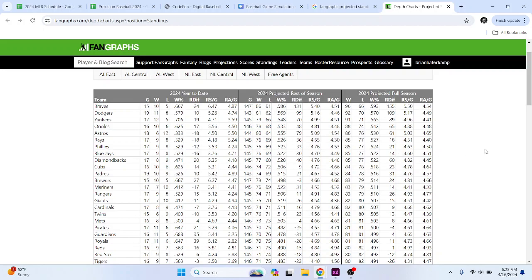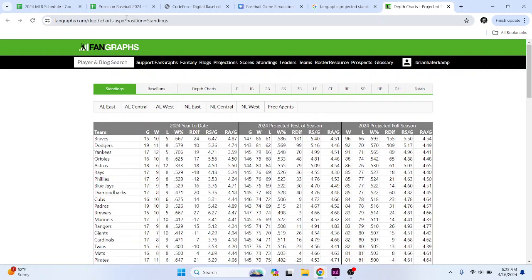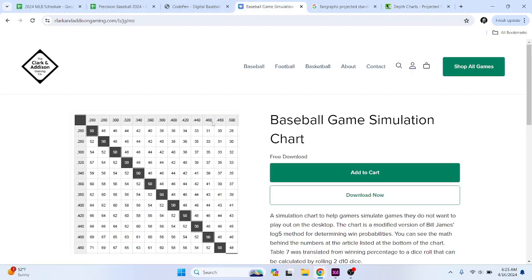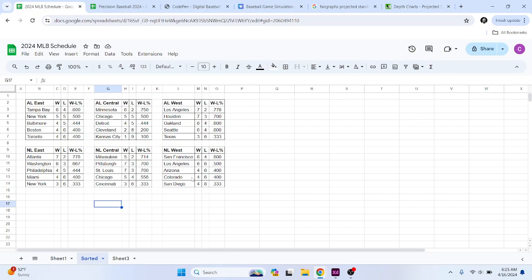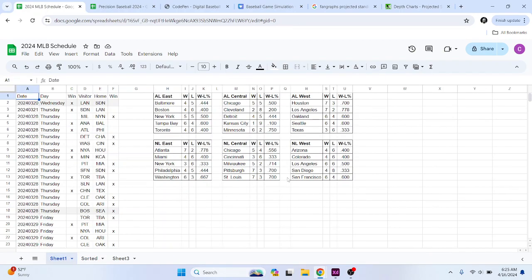So that's what I've been using, and then using those winning percentages, I've been looking here. I'm still trying to decide if I want to just continue going through the schedule with the winning percentages that I have that were sort of the first week of the season and playing out the entire season that way.